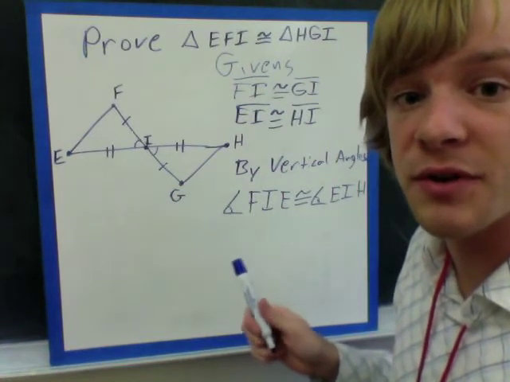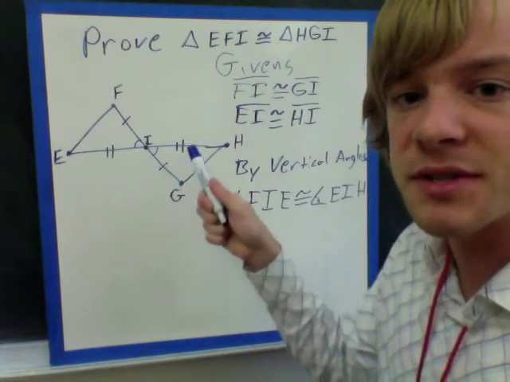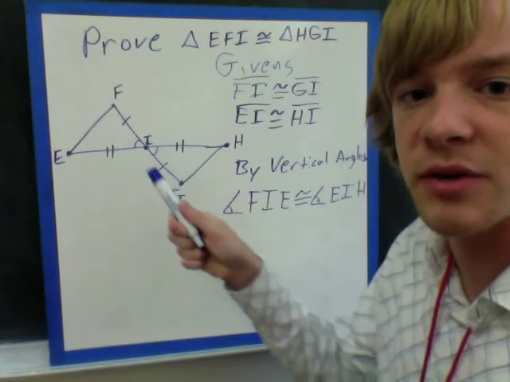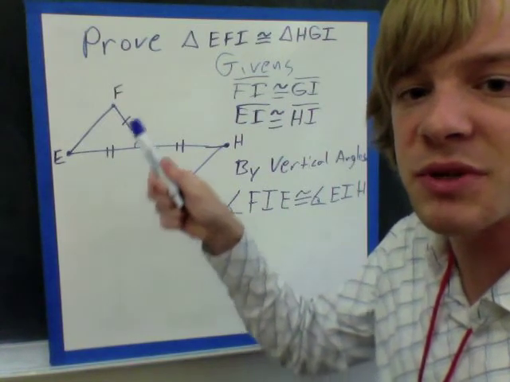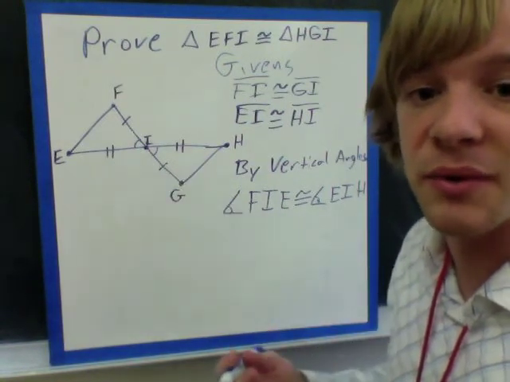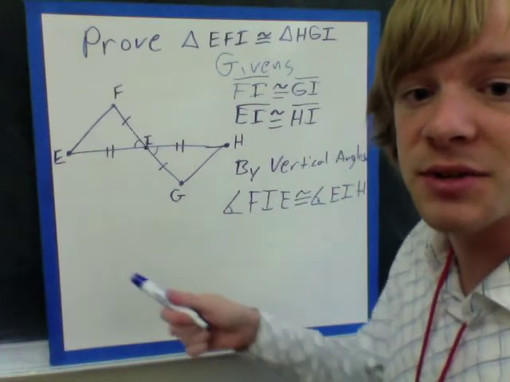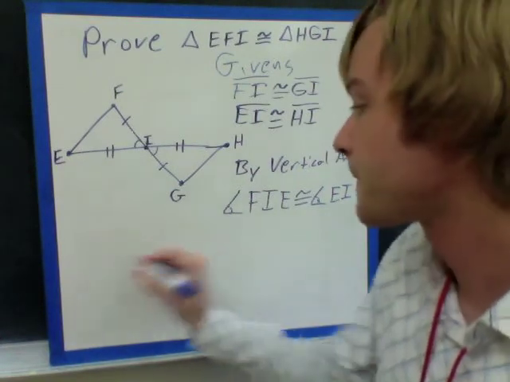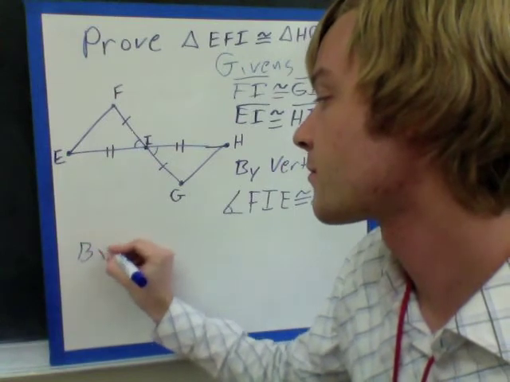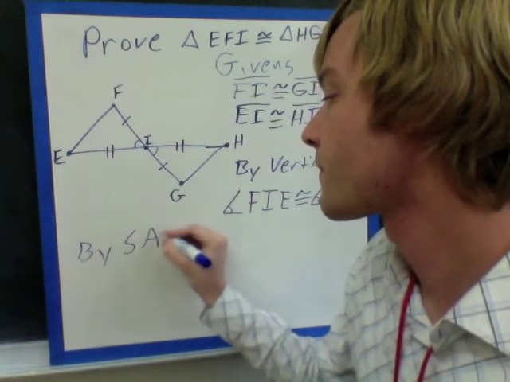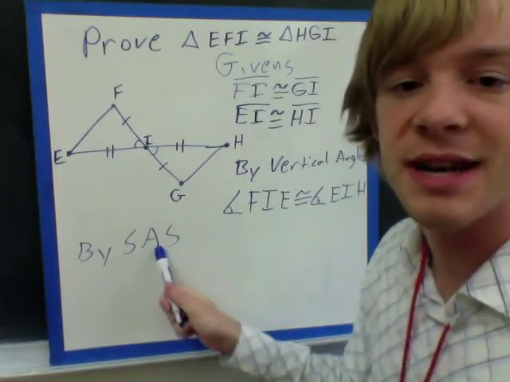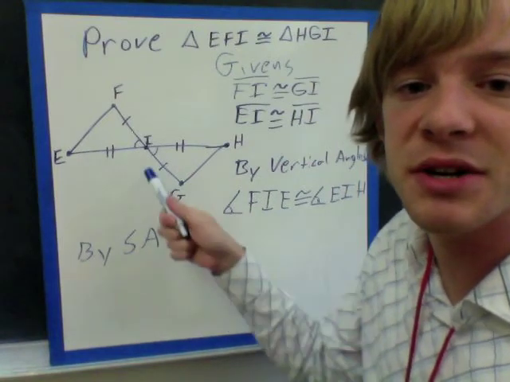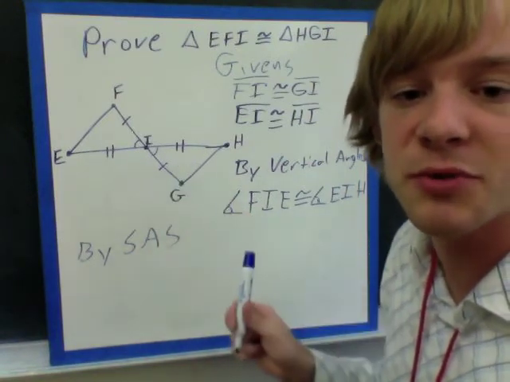So now if I notice, I have an angle that's in between two sides in this triangle, and I have an angle that's in between two sides in this triangle. Well, if that's the case, I can use side angle side. So side angle side has an angle in between two sides, and here I've got an angle in between two sides on both triangles.